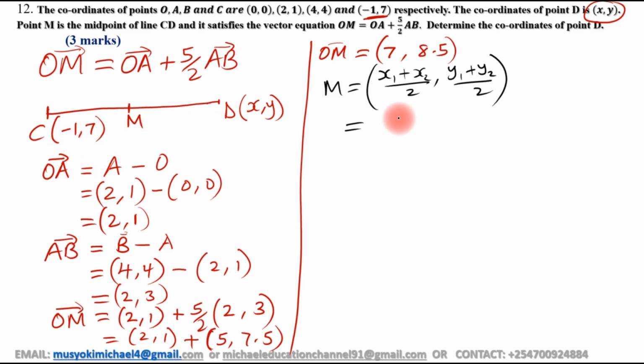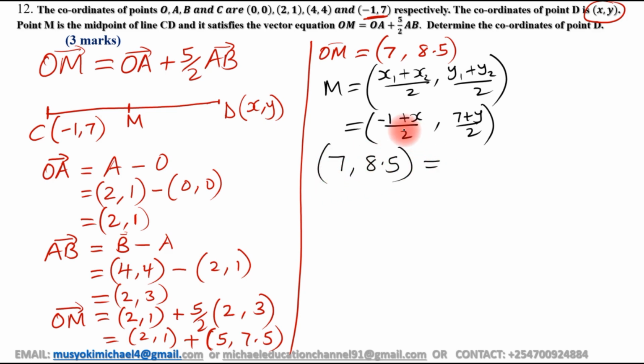So for this case, we consider C and D. We have (-1 plus x) over 2, and for y, (7 plus y) over 2.